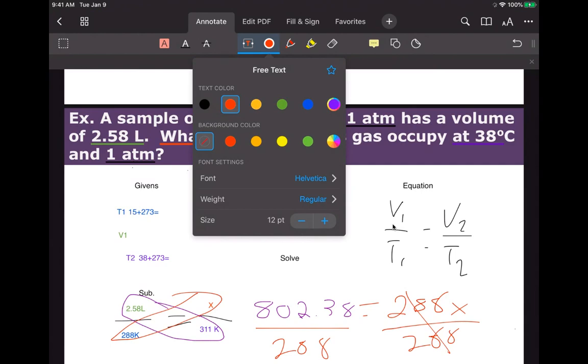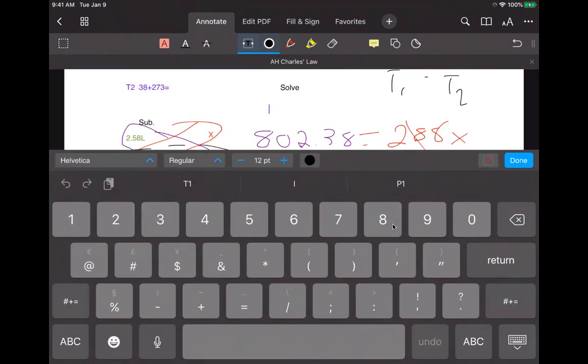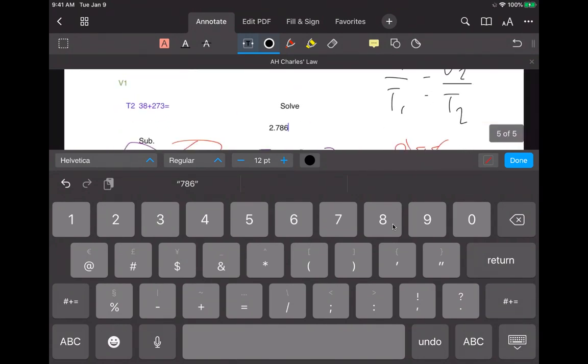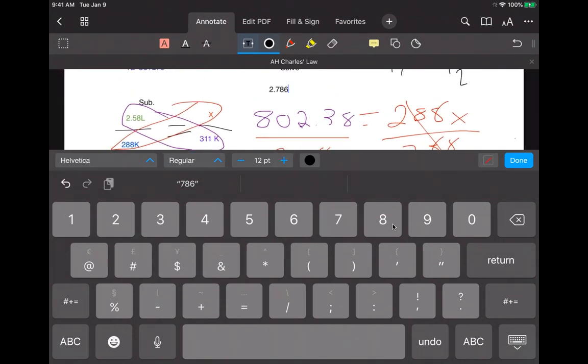This way y'all don't have to struggle to read it. 2.786, yada, yada, yada. We look to our problem. The smallest amount of sig figs we end up having, we're looking at our substitution over here, is 3. So we're going to round this to 3 sig figs. The third sig fig is the 8.